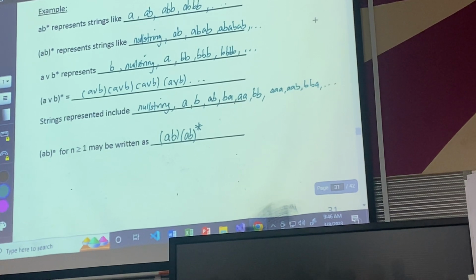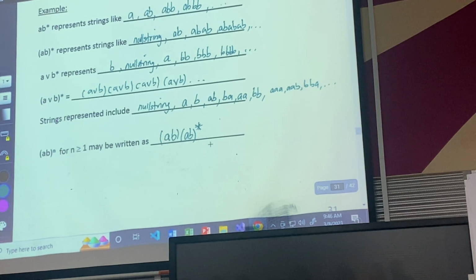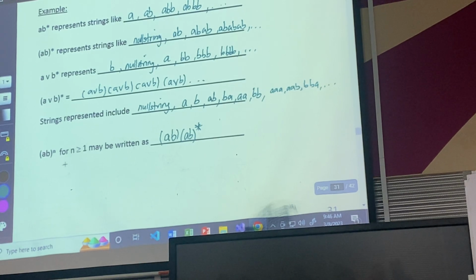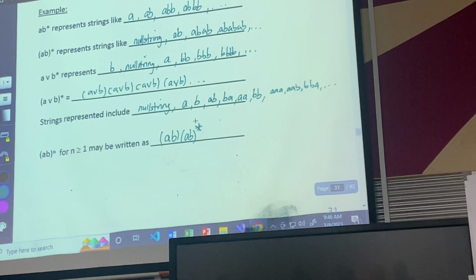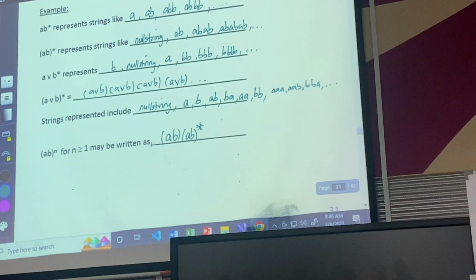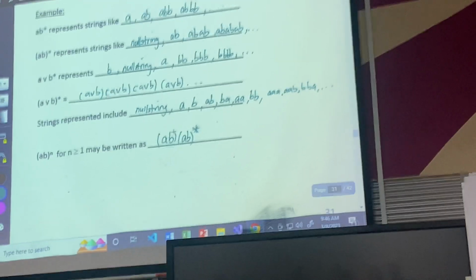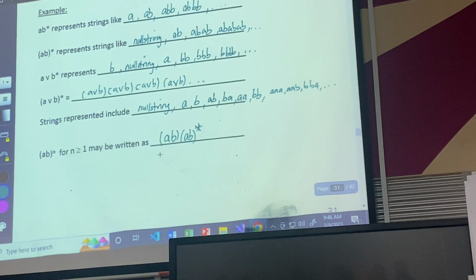So always differentiate the definition using n and using the asterisk. Because when you put the asterisk, it is understood that it can start from 0. So if your AB starts from 1, in order to convert it to the asterisk, you must write 1 AB in front to show that you have at least 1 AB.